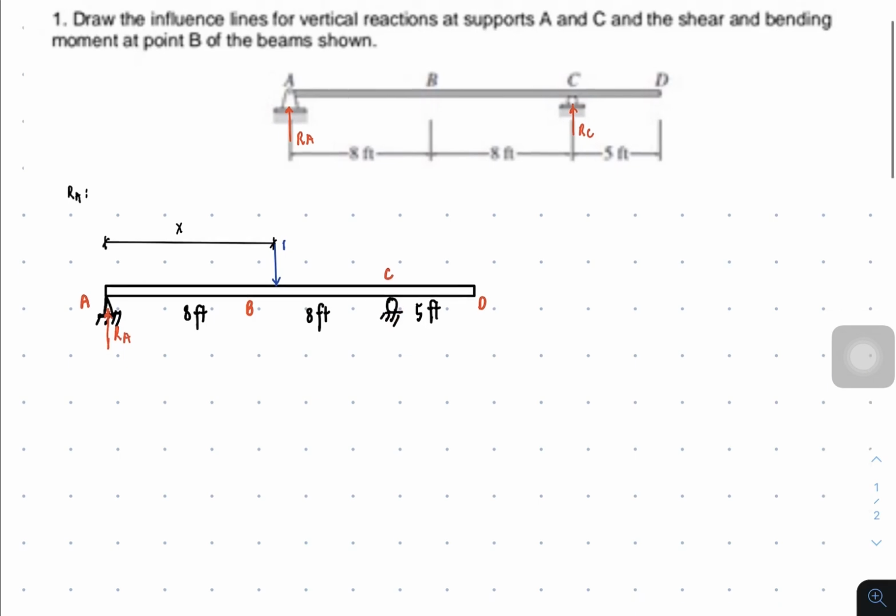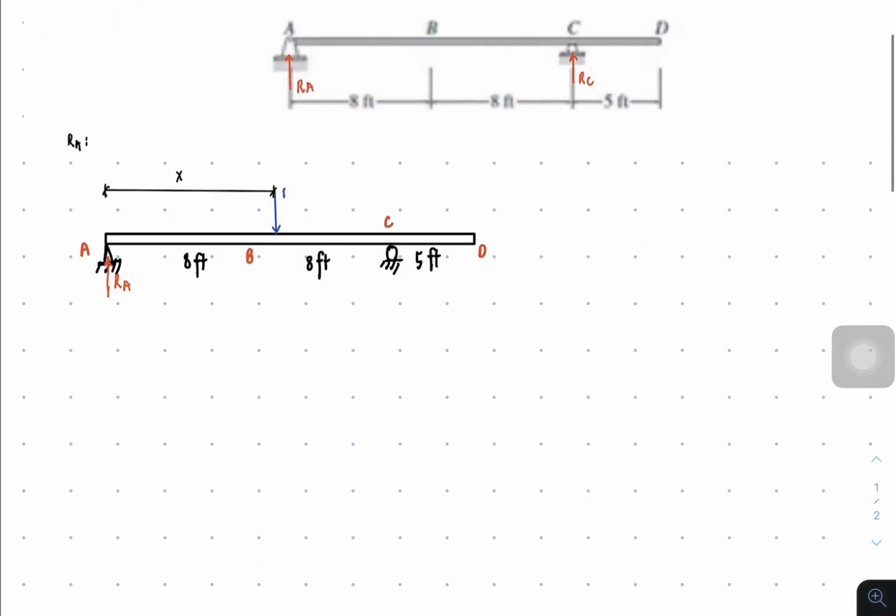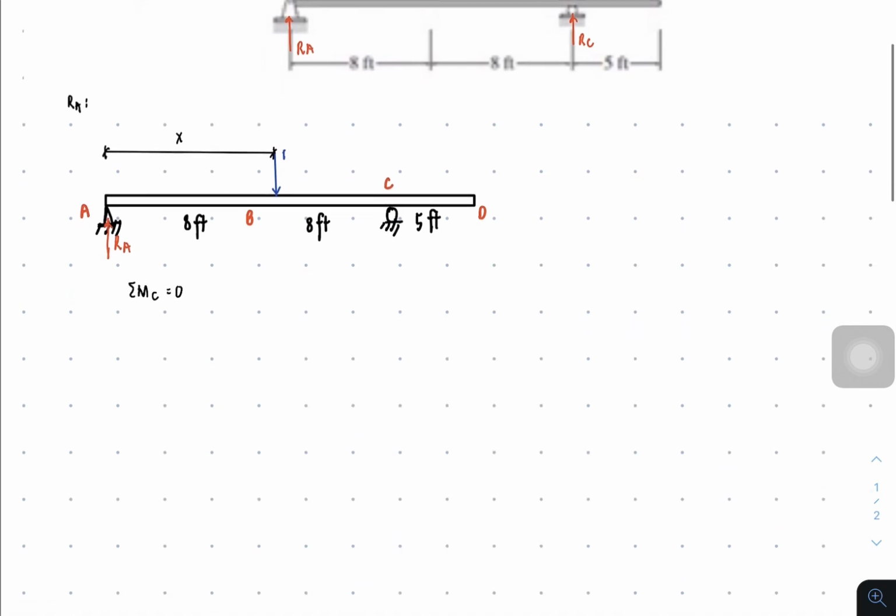So actually we're going to formulate the equation. It's going to be the summation of moment about point C equal to 0, so that we'd be able to get an equation of RA regardless of its distance.